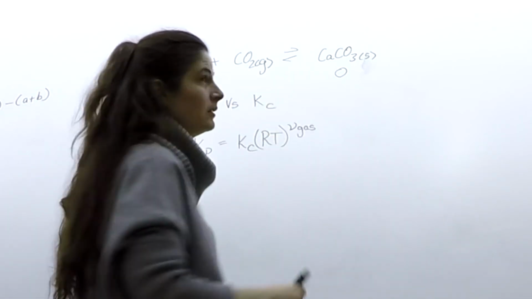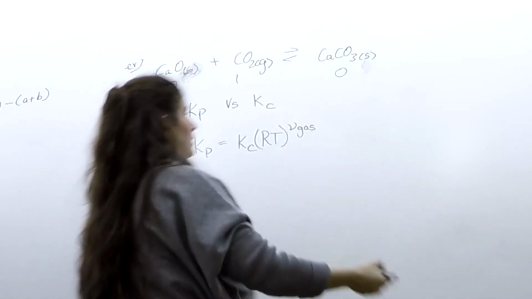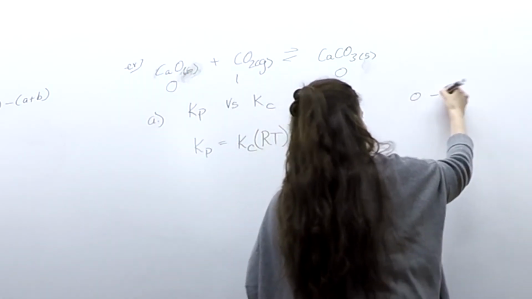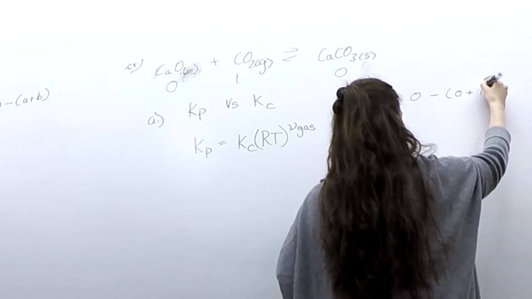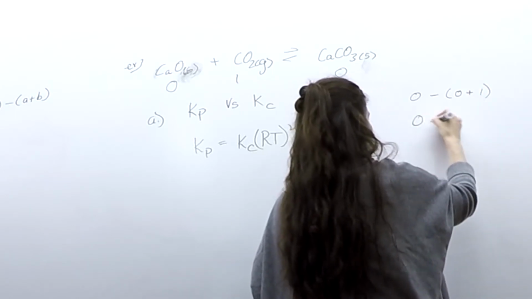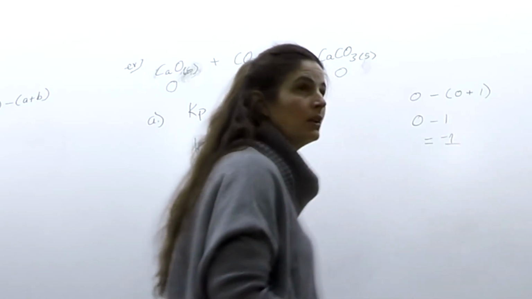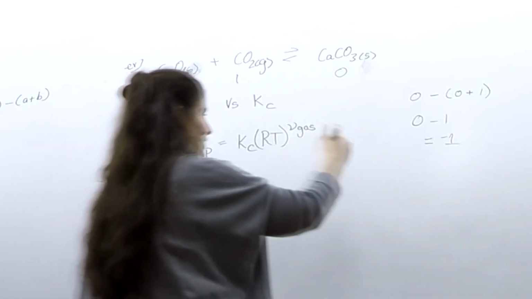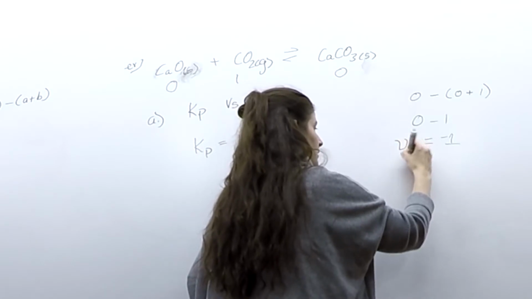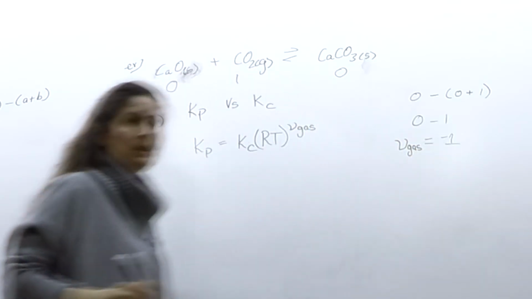What's this one? 1. So we have 0 minus 0 plus 1. So 0 minus 1 is minus 1. So our V gas is minus 1.